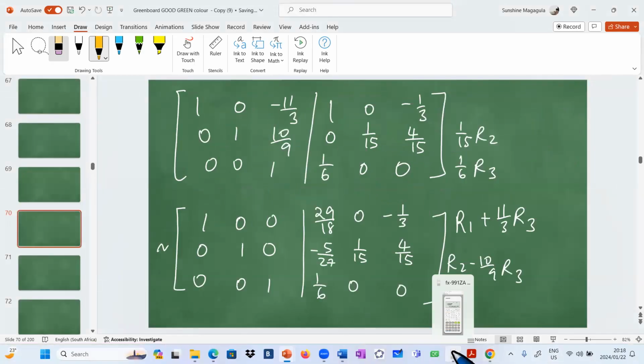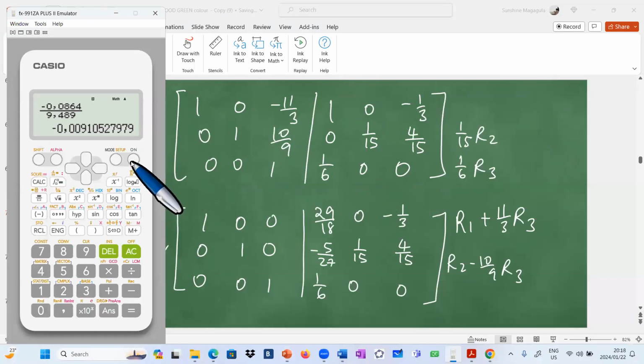Right, so now I'm effectively saying here, so we're having the 1 out of 6, and we multiplied by 11 out of 3.